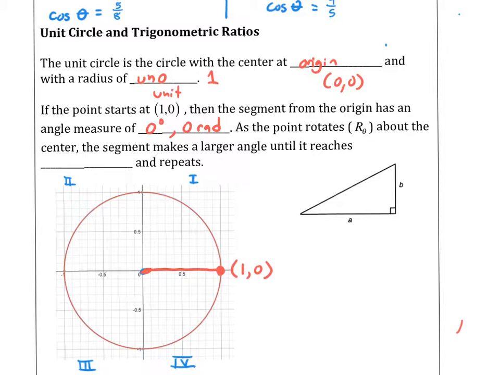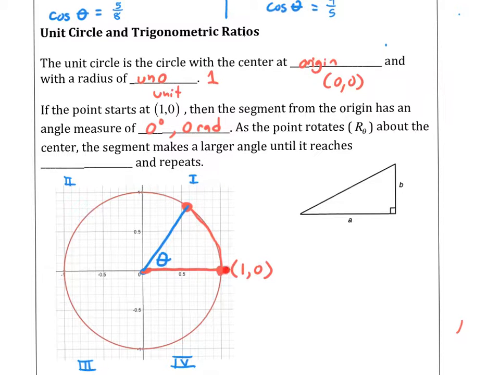As the point rotates, so let's just say the point rotates and now is located here. Doesn't matter where you place that point. We call that a rotation theta, so r sub theta there, because it now creates this new segment.